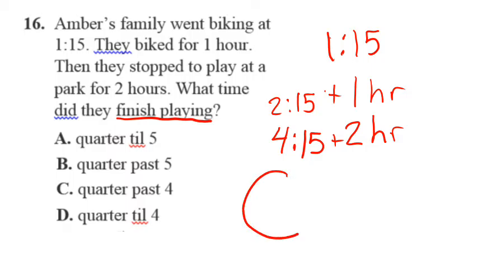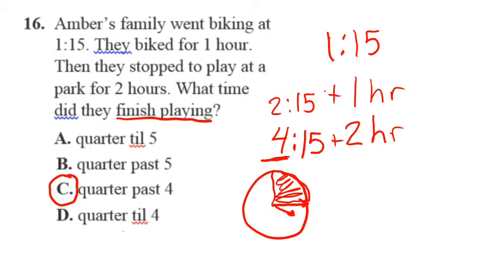If I drew 4:15 on a clock, I know that the minute hand would be pointing to the 3, and the hour hand would be pointing in between the 4 and the 5. That means I've gone a quarter of the way around the clock, so it's a quarter past. And we are in the 4 o'clock hour, so I know it's going to be a quarter past 4.